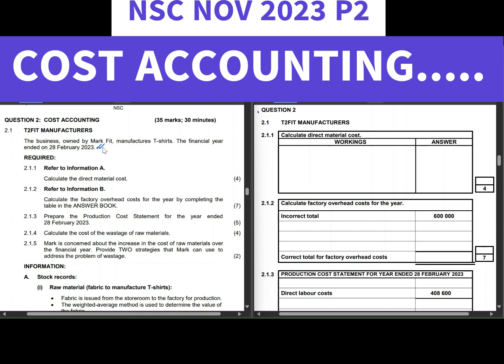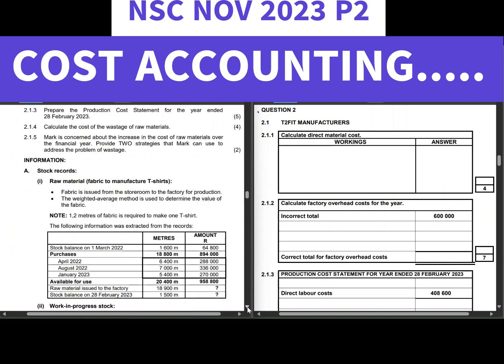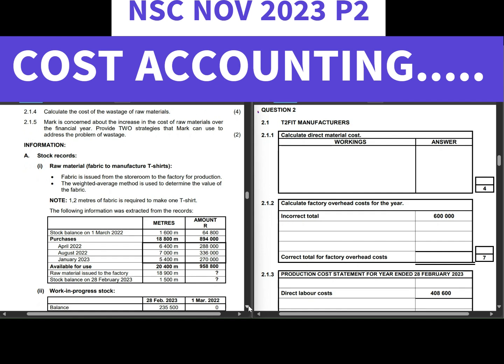Question 2.1.1 says calculate the direct material cost. So we're going to try and do everything and see if we can answer this question in good time. So we come to information A, and information A gives us stock records, raw material, fabric to manufacture t-shirts.